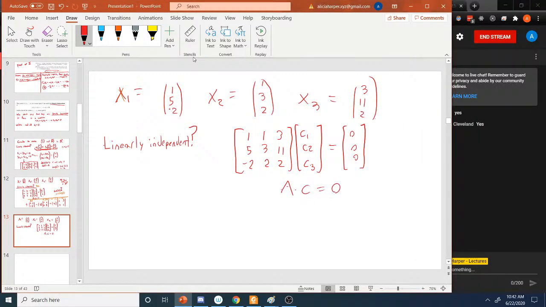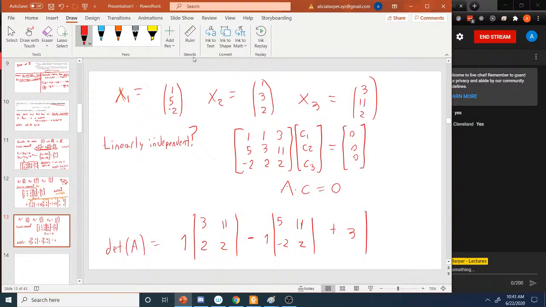As before, I can answer my question by computing a determinant. And the determinant of A here is going to be equal to 1 times this cofactor, 3, 11, 2, 2, minus 1 times this cofactor, and then plus 3 times this one. So I think I set this up correctly.